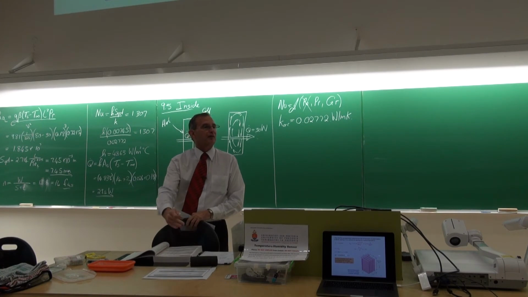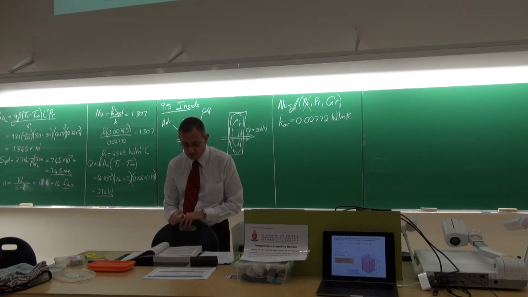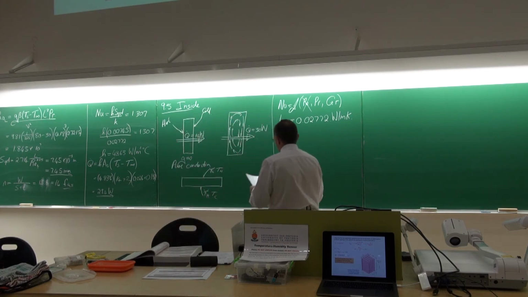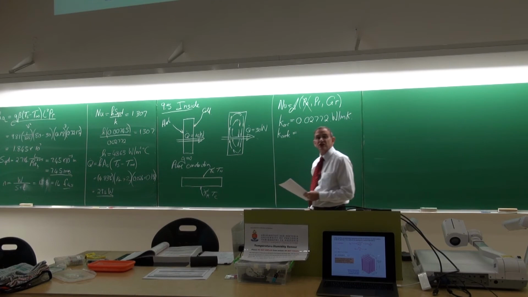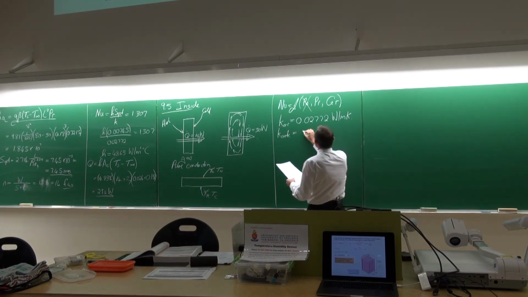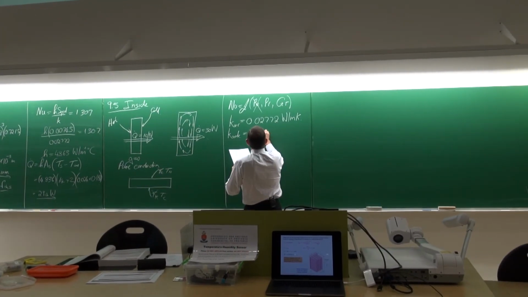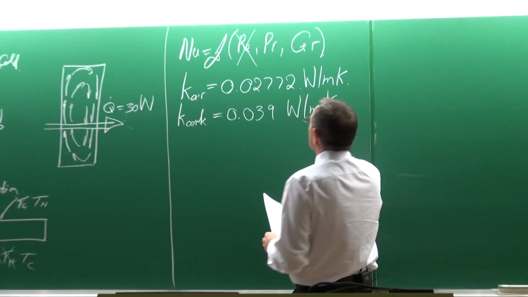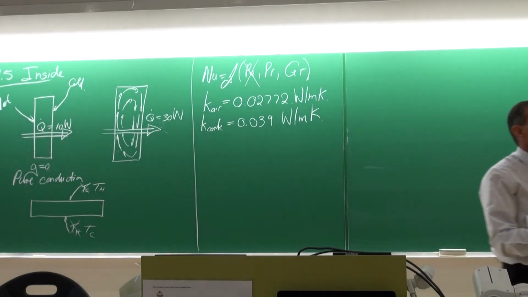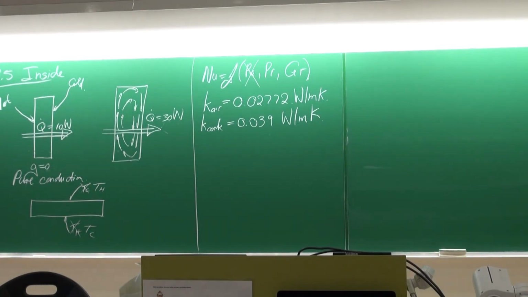About 40 or 50 types of materials are given there that fall into the category of insulation materials. If you look at different insulation materials, cork is being used as an insulation material. Now cork has a value of 0.039 watts per meter Kelvin. So air is a better insulator than cork.